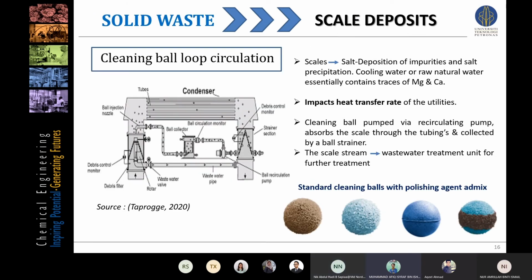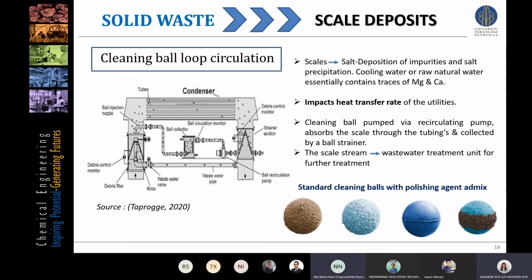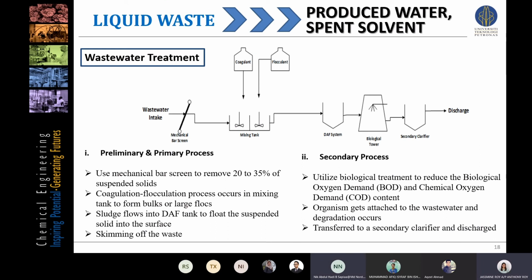Jasmine, can you take control? All right. Okay. So which part of the waste? Can you go to the slide? I think better which slide number? The solid waste, the gas waste, or better liquid waste first. All right. Liquid waste first. There you go. Slide 17. Yep, this one.